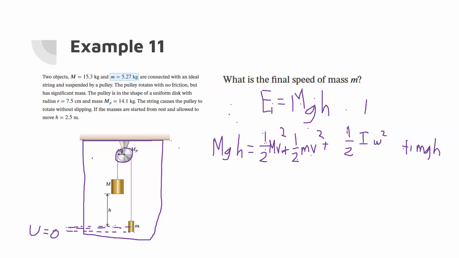And so, again, I can use the fact that I know from my textbook or wherever that the moment of inertia is going to be the mass of the pulley times the radius squared divided by 2.